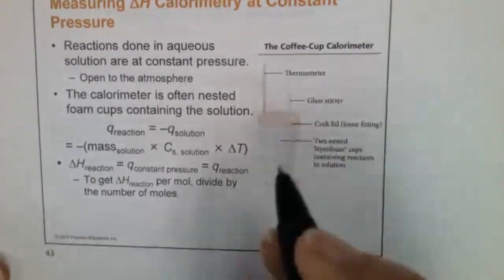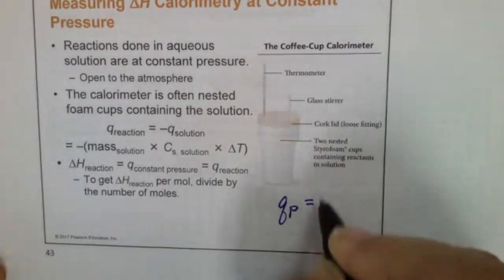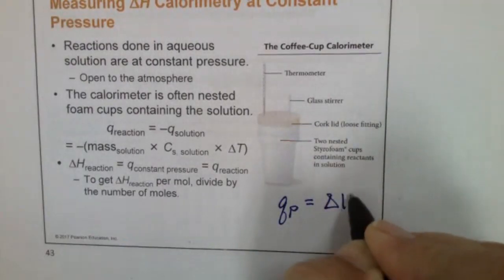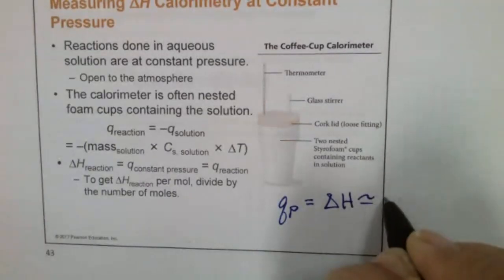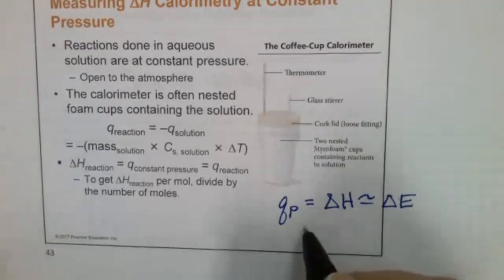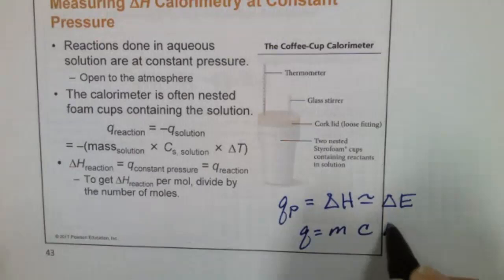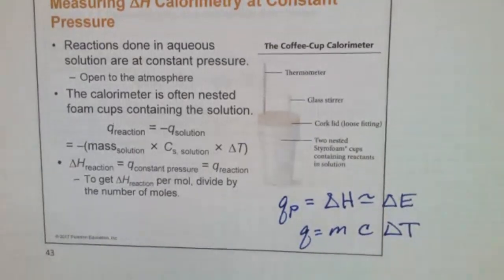Now, as I said, Q at a constant pressure is equal to our delta H, which is essentially the same as our delta E. So we're still looking at this same thing. Q equals MC delta T. Seen that before? I hope so.